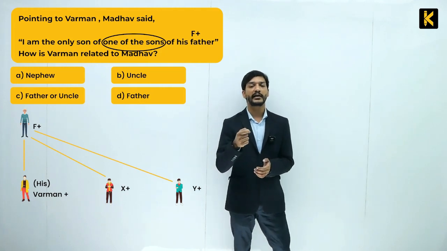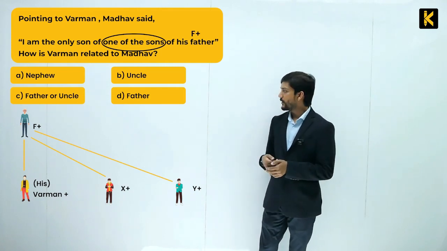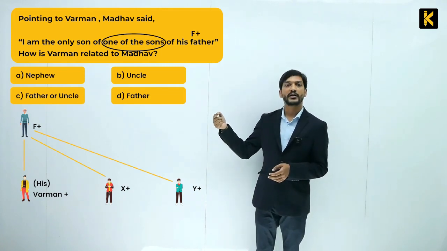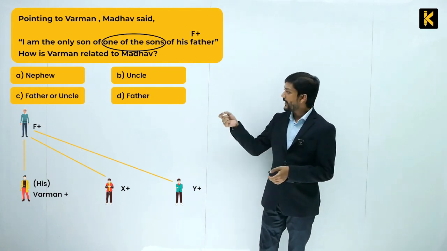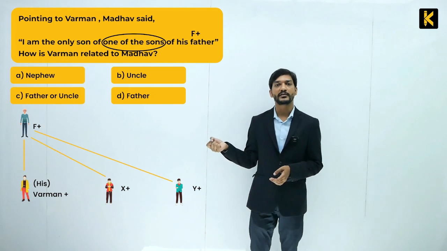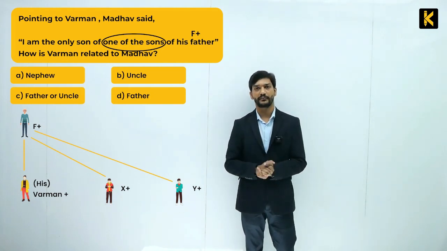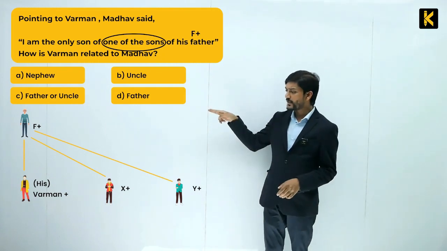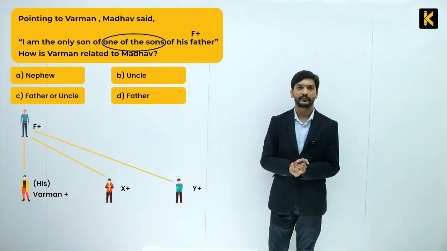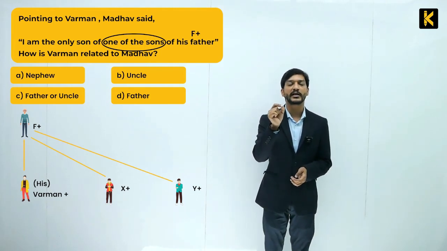So I can categorize these 3 sons like this. Varman is one of the sons who is mentioned in the question, and X and Y are the sons other than Varman, which I have taken. So now these are the 3 sons of F. As per the question, I have to take one of the sons.